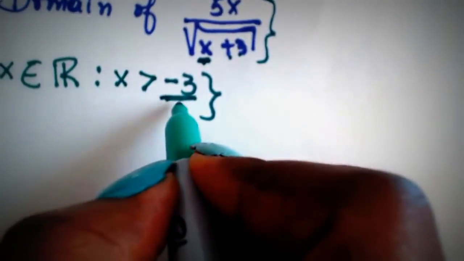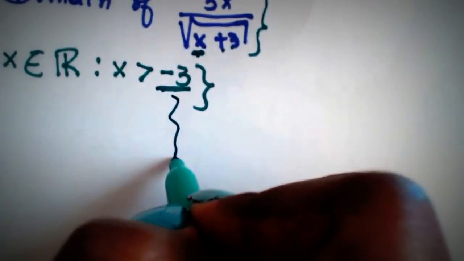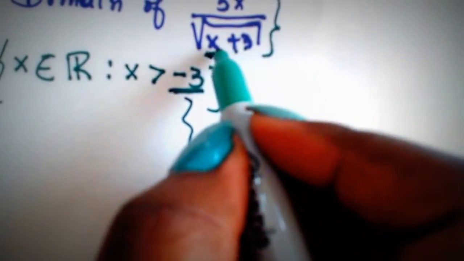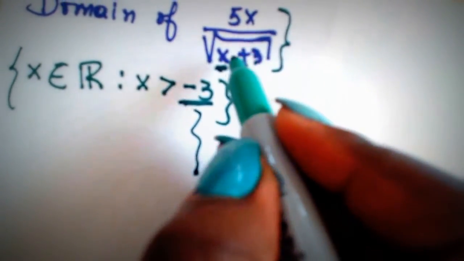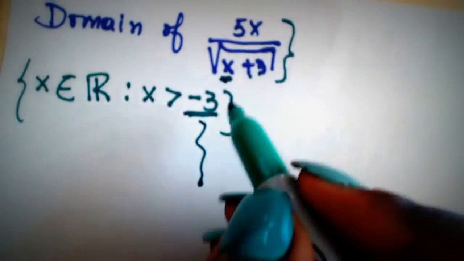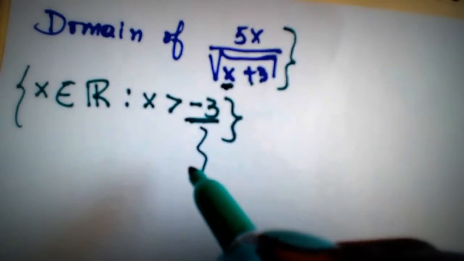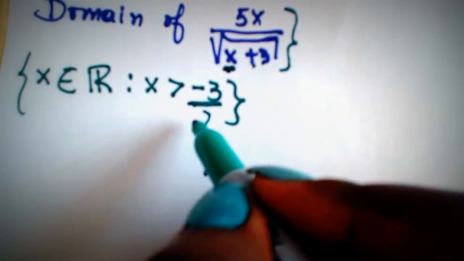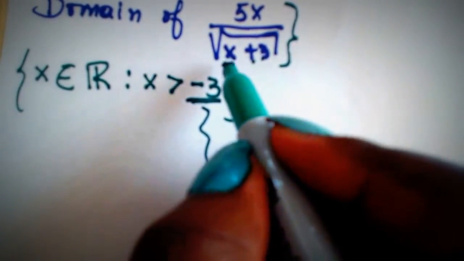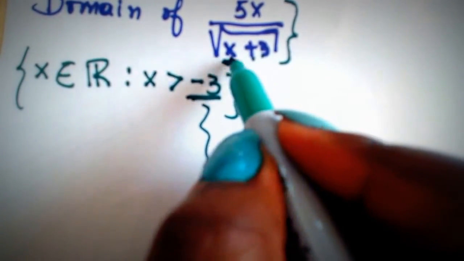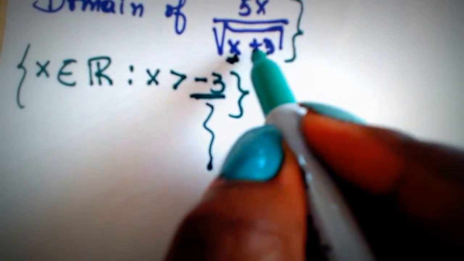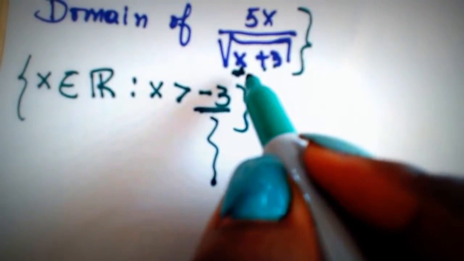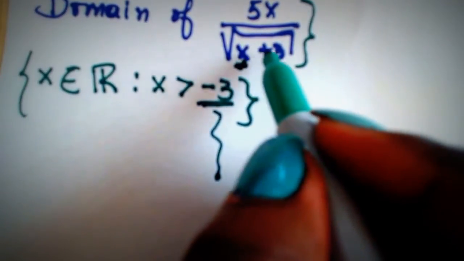Also, all the values below -3 cannot be an input of the function, because if, let's say, instead of -3 you have -7, and -7 replaces x, you would have -7 plus 3 here, and you would have a -4 under the radical.